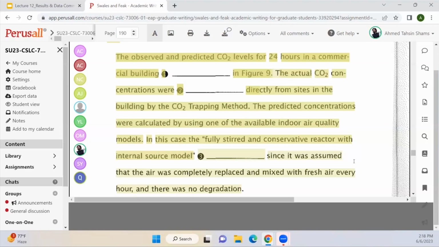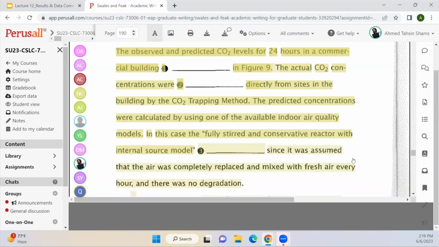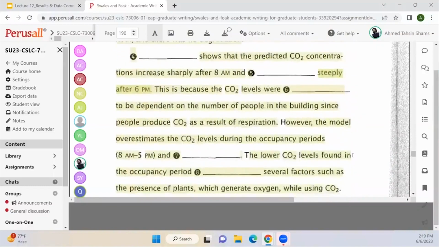And anything else? Yeah, all makes sense. Also, you can say was chosen. This method was chosen. I mean, that makes the same meaning like implied as well. Since it was assumed that the air was completely replaced and mixed with fresh air every hour and there was no degradation. Fourth, I already said it, figure 9 shows that.